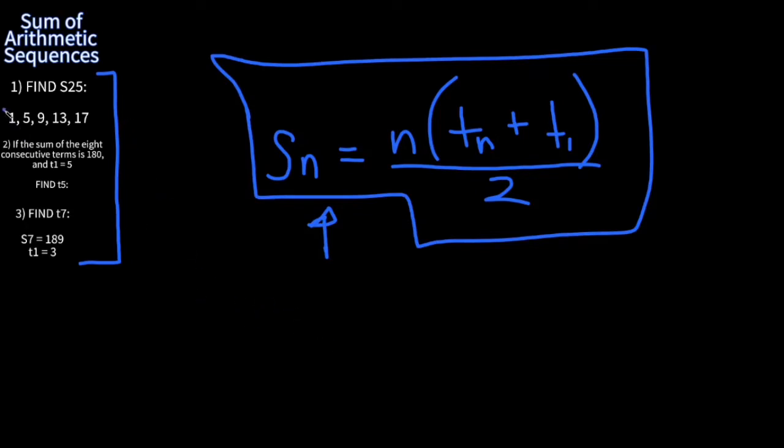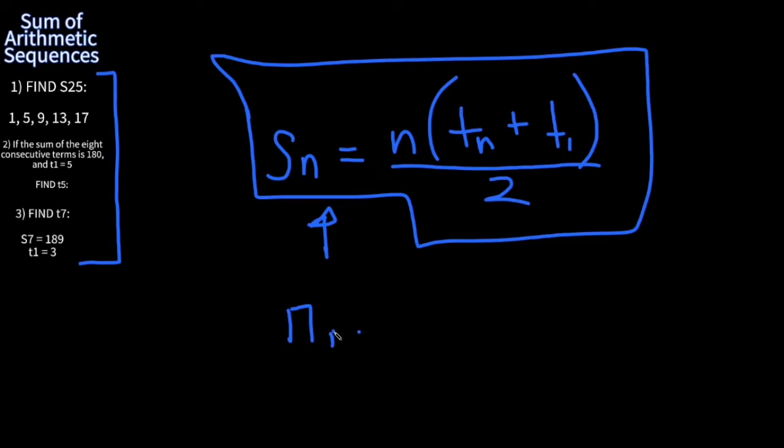For example, our first arithmetic sequence has a last term, and that is 17. Now how do you know that is the last term in the sequence? Well, because it ends with 17 and does not continue.